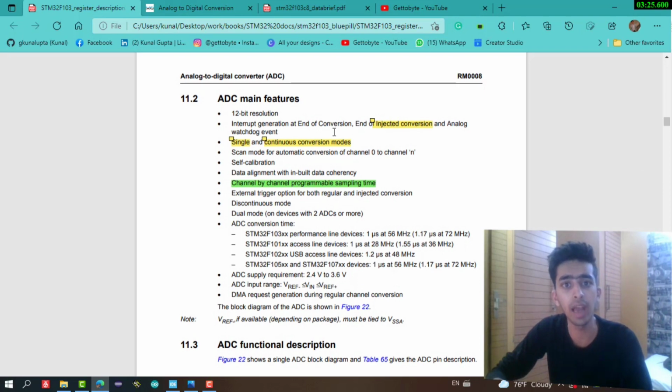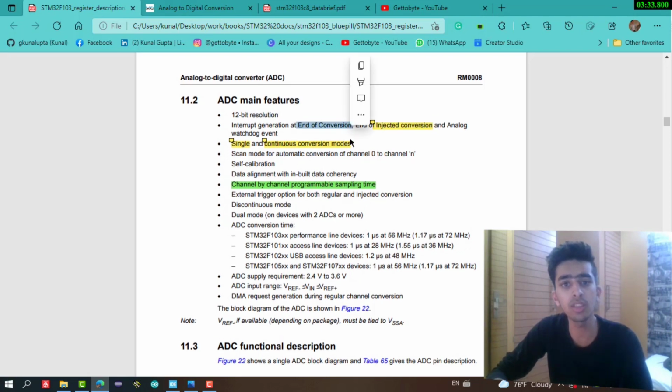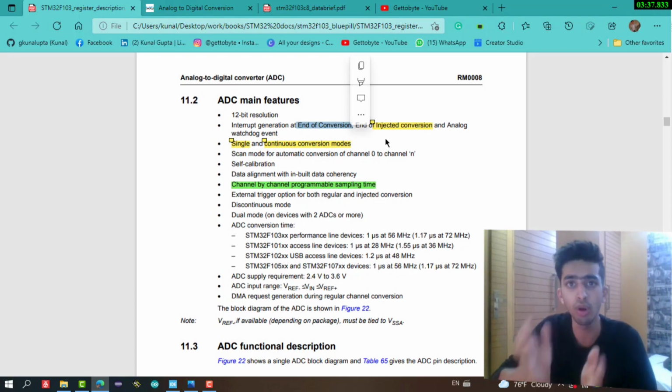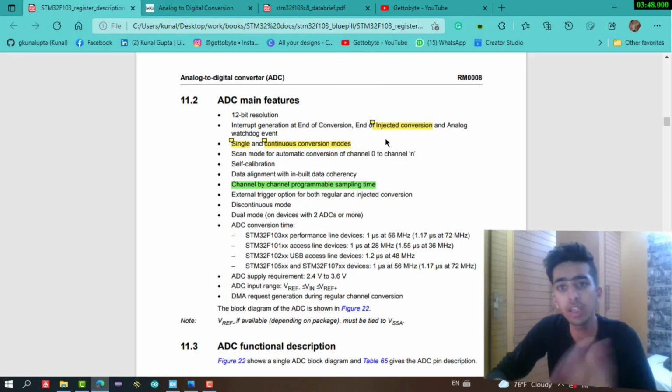interrupt generation at end of conversion, end of injected conversion, and analog watchdog event. First of all, starting with the end of conversion, this is a simple end of conversion, like a while loop, meaning that our ADC conversion of a single channel is done. At that time, that is known as end of conversion, EOC, interrupt generation at end of conversion of a single channel. Then end of injected conversion.